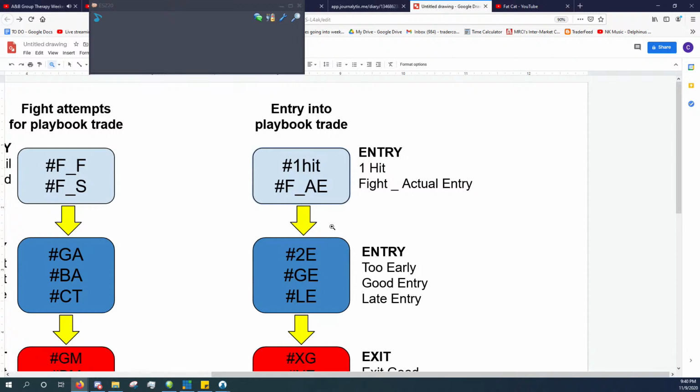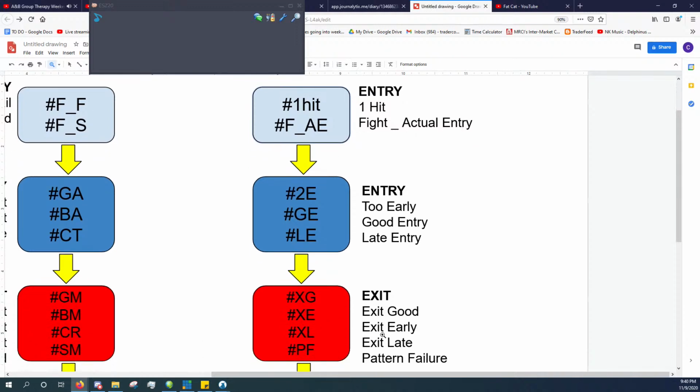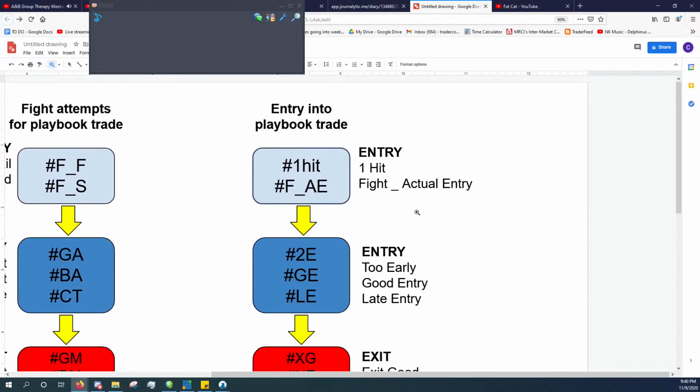If I hit the actual playbook entry and I cut it after 2 ticks, and that happens to me a lot, where I get in the perfect position and I cut it way too fucking early, it would obviously get this exit early hashtag.